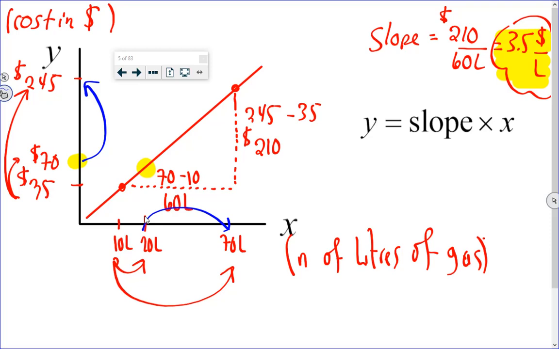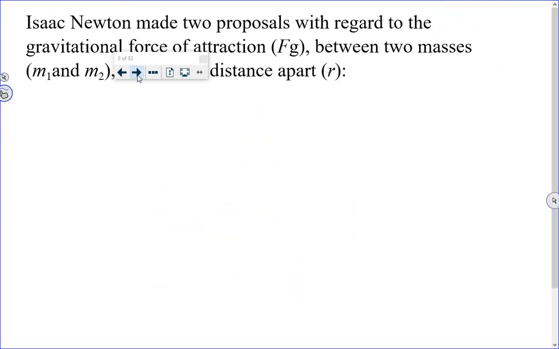So getting back to Newton's first proposition, what this is saying is if you have two masses that are experiencing a gravitational force of attraction, if you were to double one of the masses, you would get twice the force of attraction.